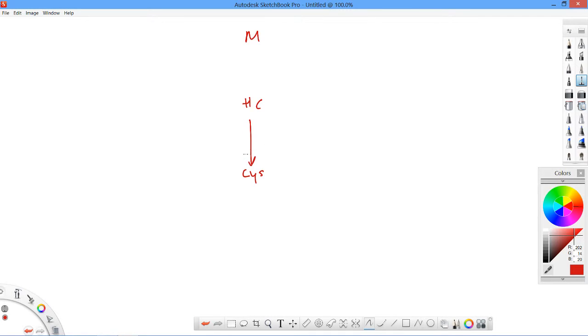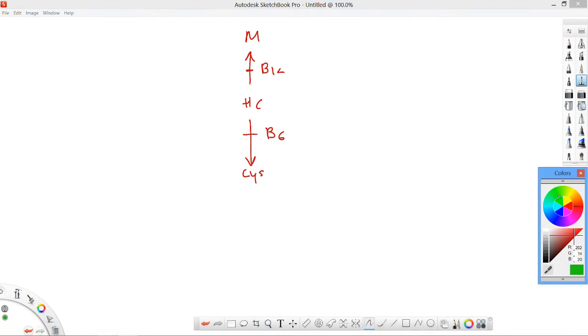Homocysteine can be converted to this, and homocysteine can be converted to this. This requires B12 and this requires B6. Only B12 is involved in megaloblastic anemia. B6 is not. So that's why it's not cysteine problems. It is B12 problems because the person has megaloblastic anemia. Does it make sense? Okay.